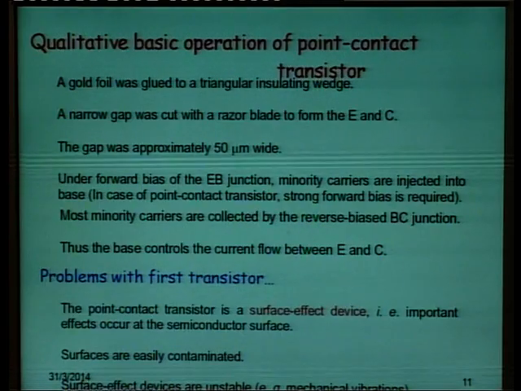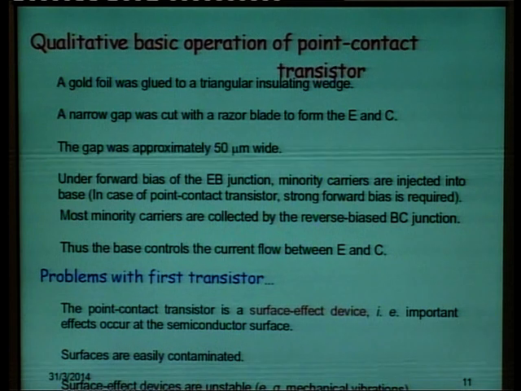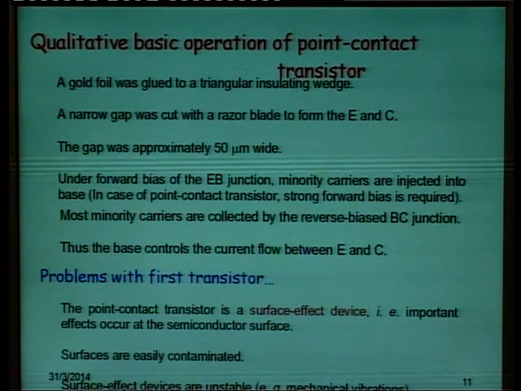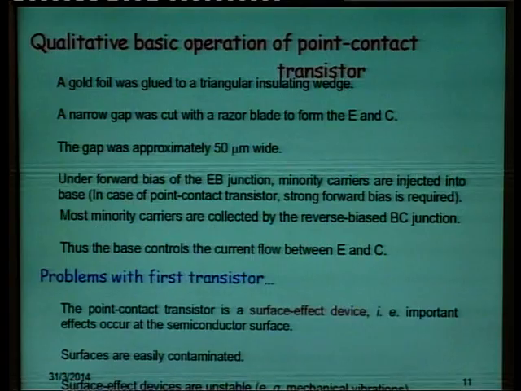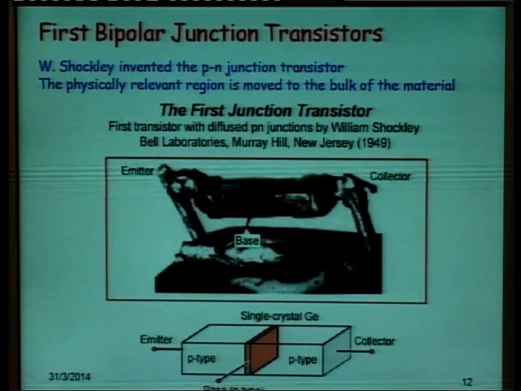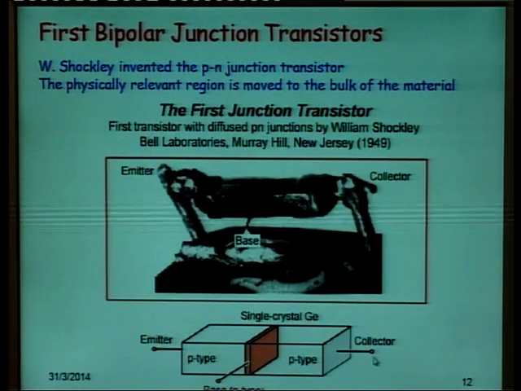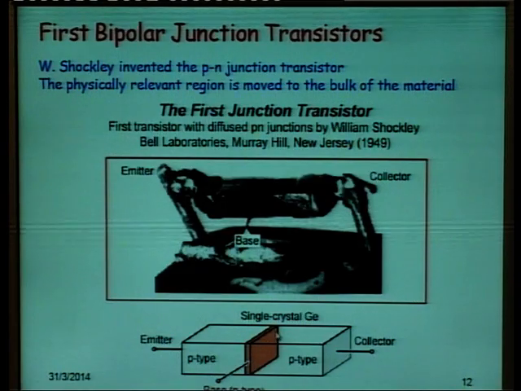Thus, the base controls the current flow between emitter and collector. The point contact transistor is a surface effect device, that is, important effects occur at the semiconductor surface, and surfaces are easily contaminated. This is again the picture of the first bipolar junction transistor. One end was called the emitter, the other was called the collector, and the narrow region in between was called the base.